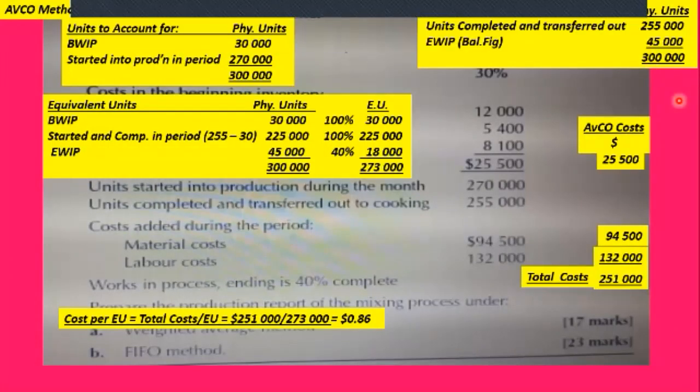So this should be, I think, 91 cents. It's supposed to get a bigger figure because they have more costs.